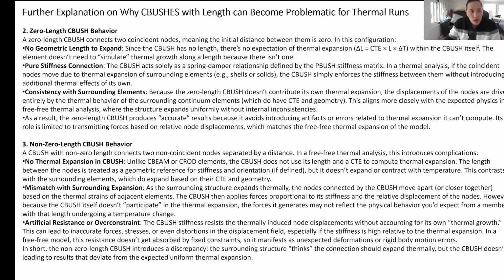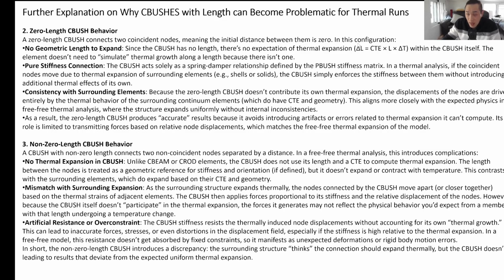for a zero length CBUSH behavior, if we just focus on that, for when you do thermal analysis, right? No geometric length to expand because the CBUSH has zero length, right? So when you look at the equation for the coefficient of thermal expansion, the strain equation, strain is equal to the CTE times the delta T, right?